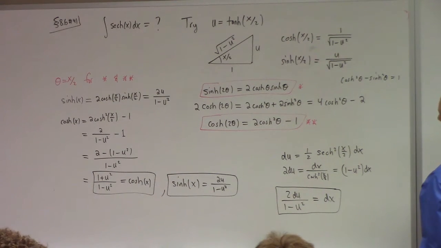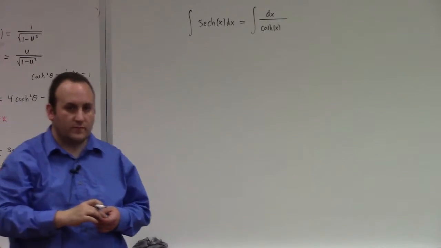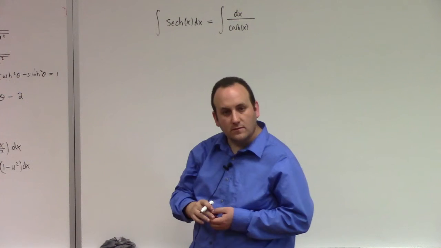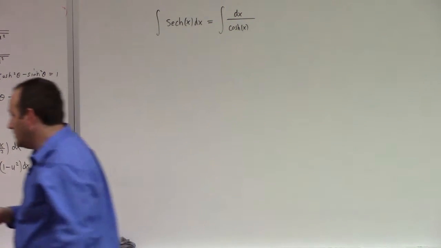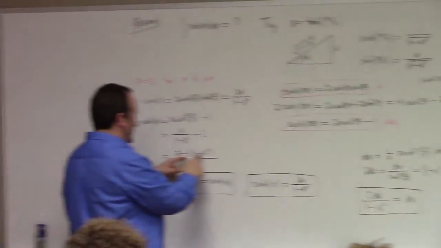Now that we have taken our toys out of the box, now let's use them. Hyperbolic secant of x dx is what then? That's dx over, what is it, cosh, right? What is it? The former was a 2. Oh, 2 minus 1 is 1. But then minus a minus is a plus.